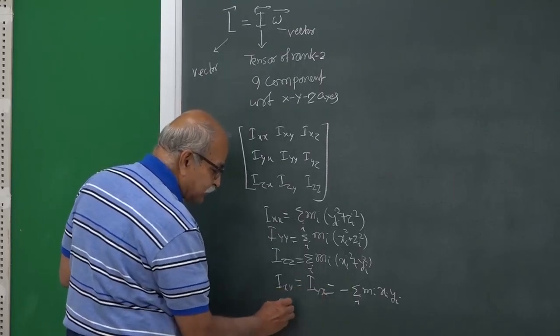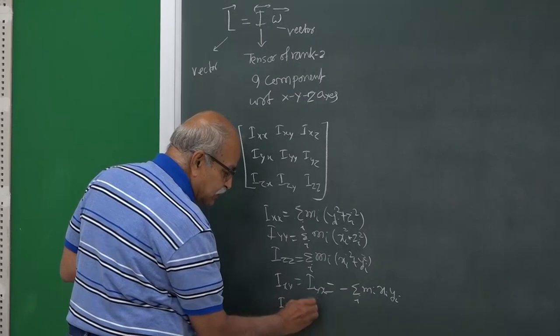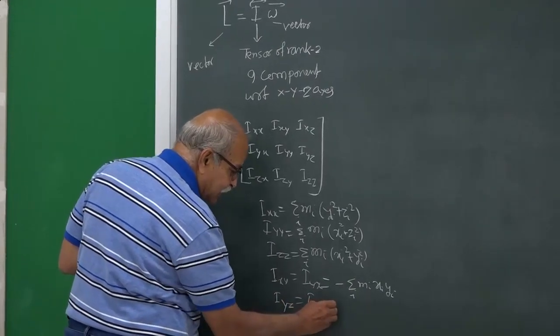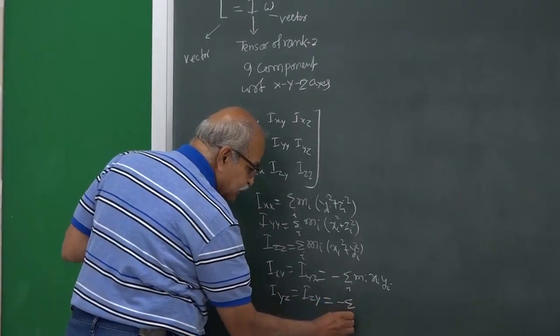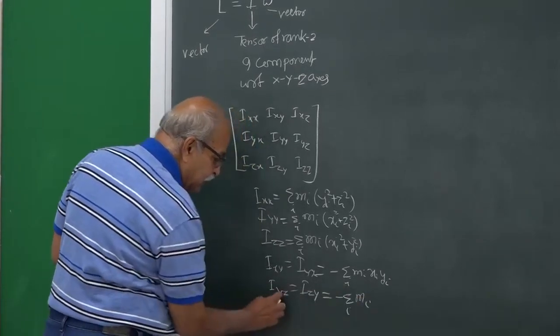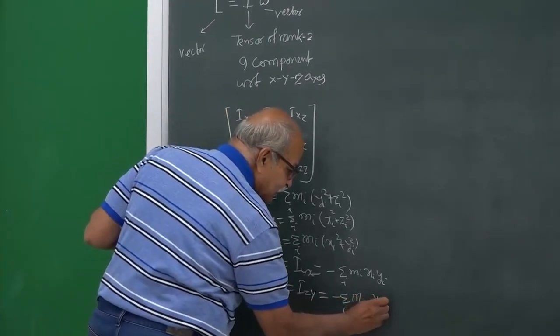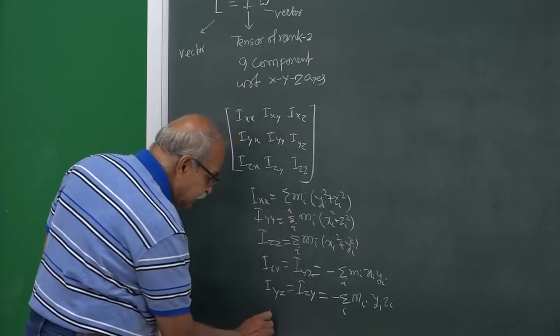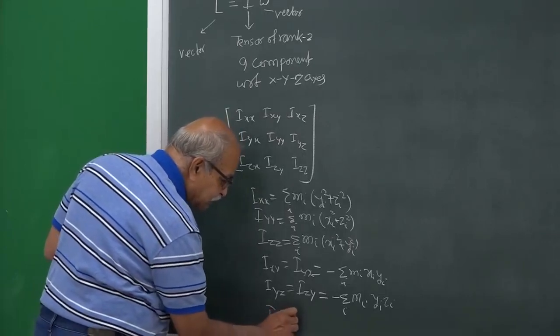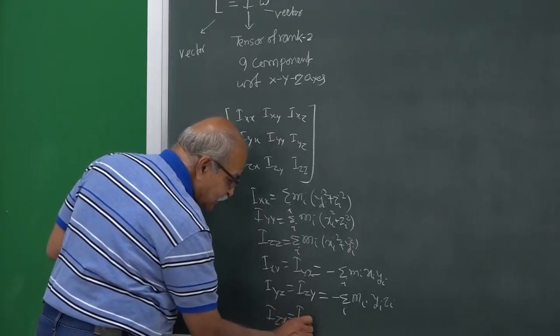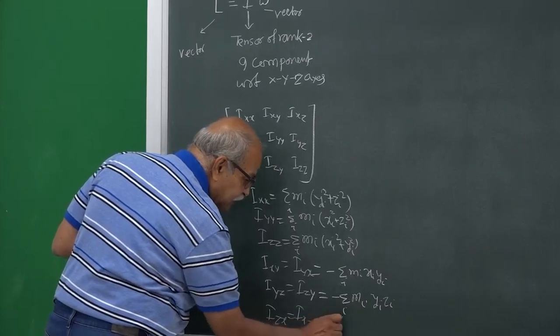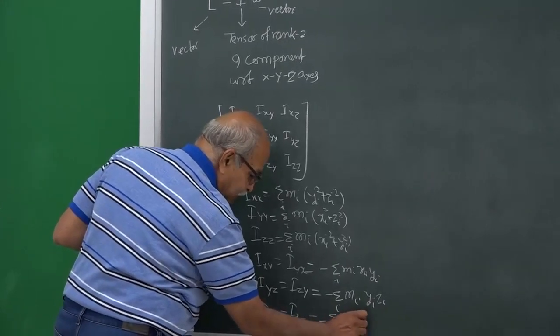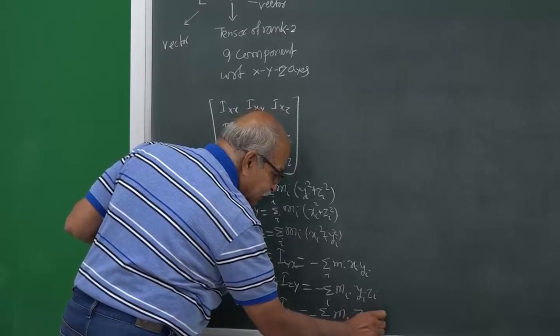In the same spirit, Iyz, which is the same as Izy, will be minus summation m_i y_i z_i, and the last one is Izx, which is the same as Ixz, and this will be minus summation m_i z_i x_i.